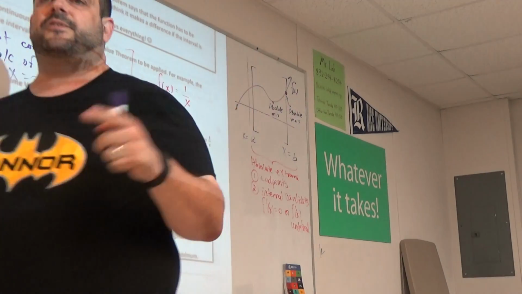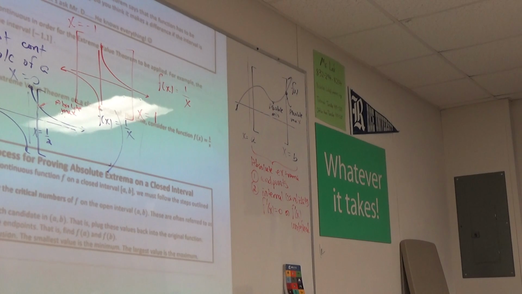So our process for going after these absolute extrema, we're going to check our endpoints, because that's where they could exist, or we're going to check an internal candidate. And this is where we're finally going to get to do some really good calculus stuff. So excited. Oh gosh, so excited.